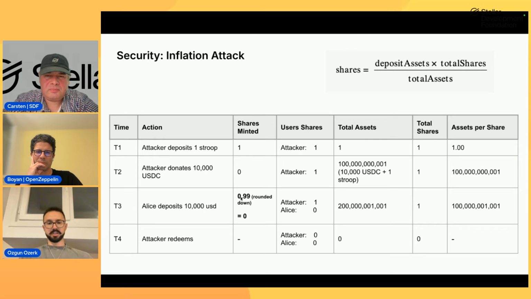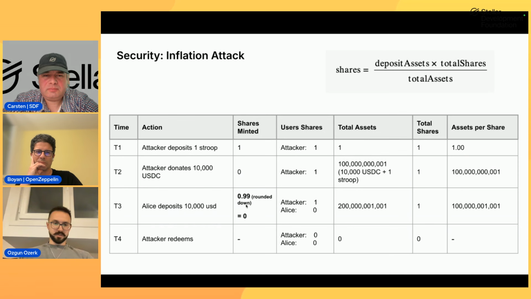So if you do the calculation, it will be somewhat like 0.99999. But since we don't have any precision for the decimal points, it will again be rounded down to 0, and the attacker would steal all of Alice's money, like 10,000 USD, due to this rounding down behavior. So this is the inflation attack.